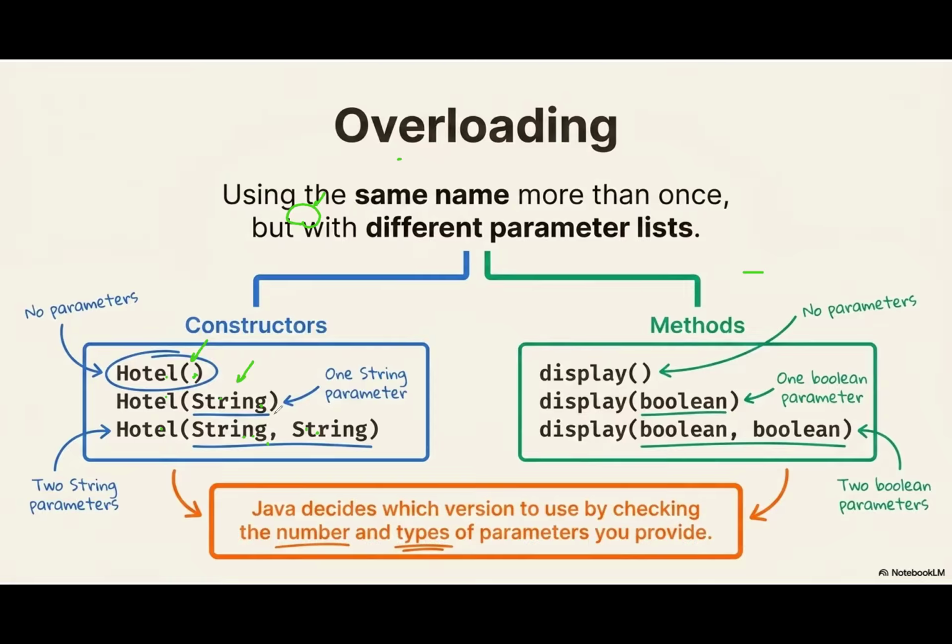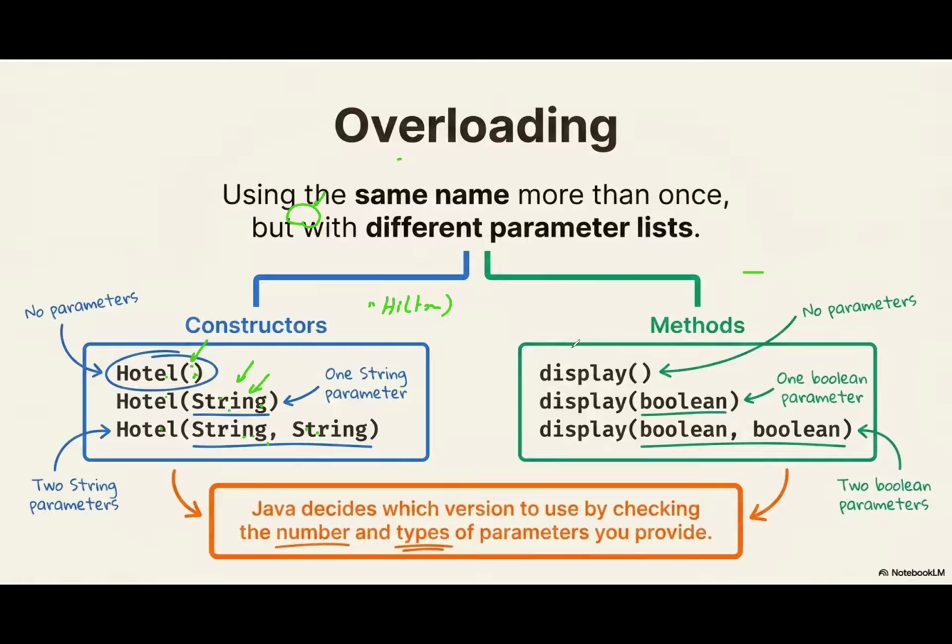Yeah. How does it do that? Based on the method signature. If it sees that you are passing one parameter here, it checks which constructor has one parameter, and whether the data type matches or not. If you are passing Hilton, for example, it will see that Hilton is a string, and you have one constructor that takes one string, so it will use that. So there is no error. Okay.